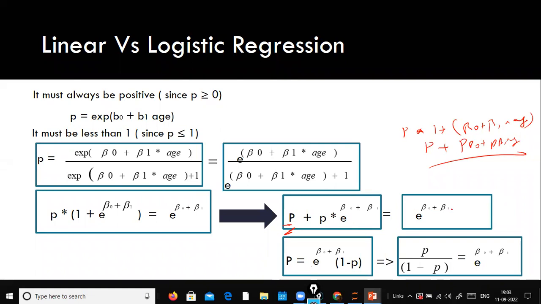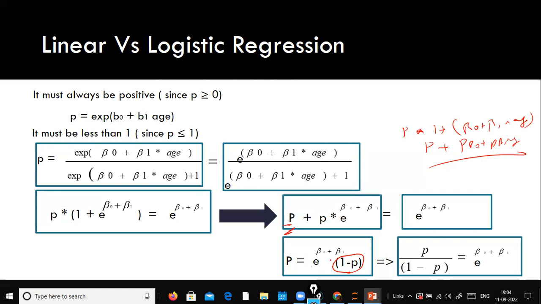Instead of having the lengthier expression on the right side, you can take e to the power beta naught plus beta 1 as a common value. If you multiply this out, you get e to the power beta naught plus beta 1 into P, with a minus sign, and they simplified it like this. Now they took the 1 minus P to the left side.